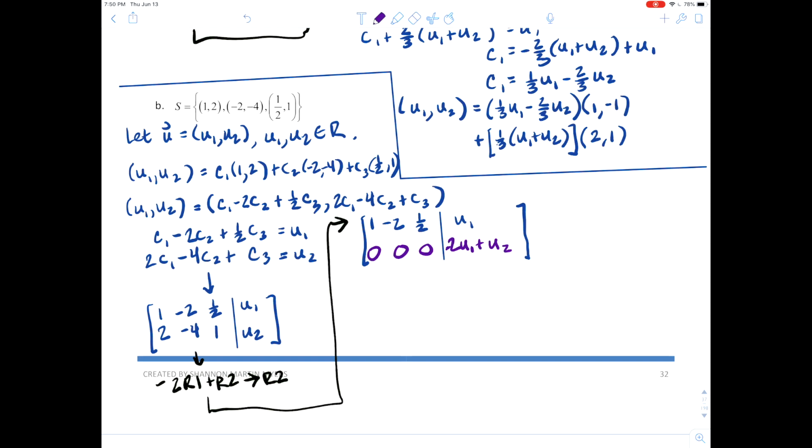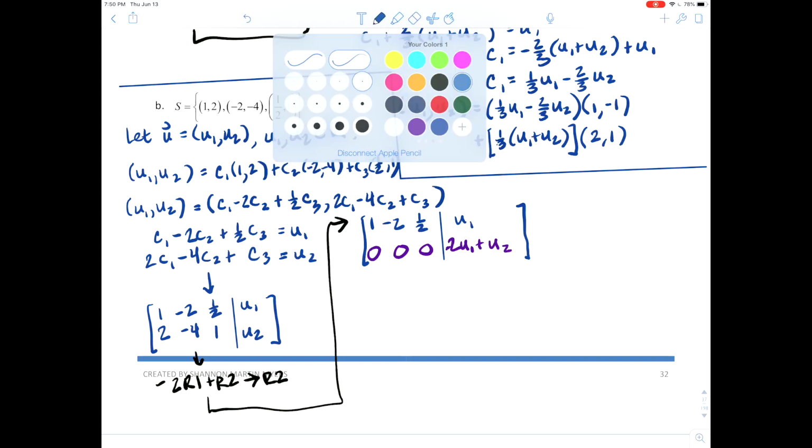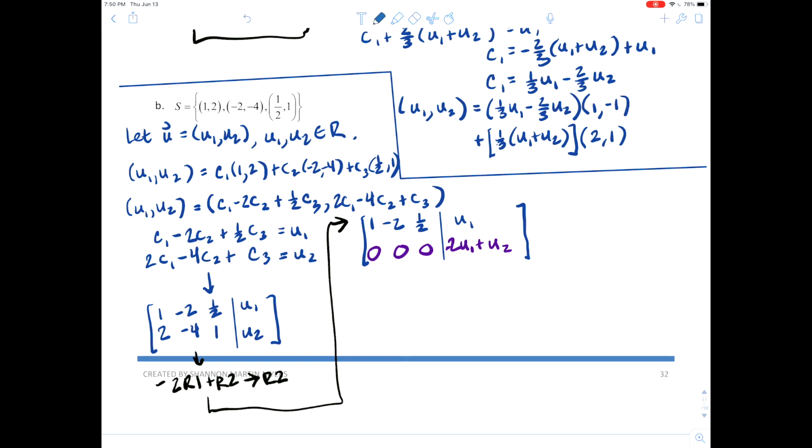Cool, cool? All right, so this gives us the system C1 minus 2C2 plus 1/2 C3 equals U1. And then it's going to be 0 is equal to -2 U1 plus U2. And doesn't this mean that U2 has to equal 2 U1?